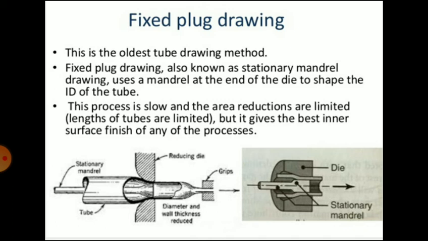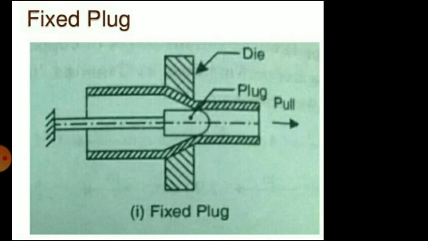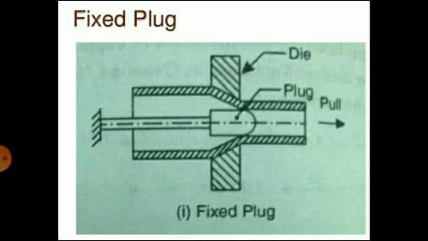This process is slow and the area reductions are limited, but it gives the best inner surface finish of any of the processes. So you can see in the diagram, there is a plug that is fixed at the end of the die and the material is pulled over the plug, providing the inside diameter in the material, forming the tube.